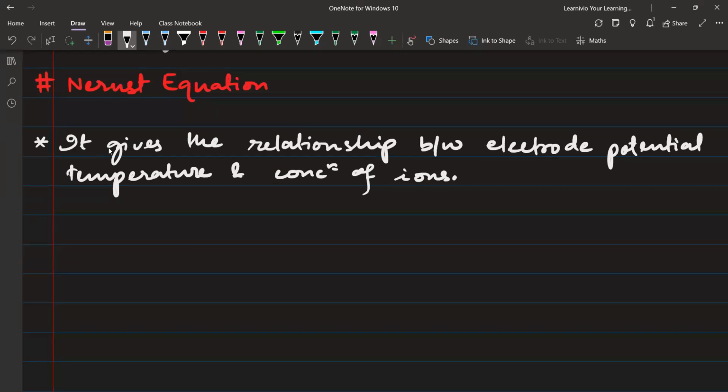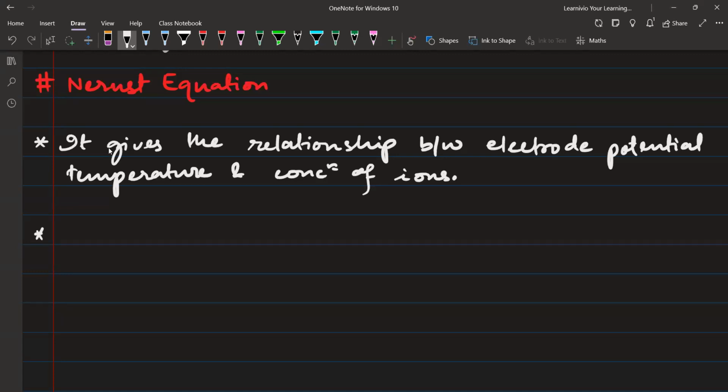Okay, so just now we have seen only the E naught, that means at standard condition, what will be the electrode potential? But if I want a non-standard condition, where temperature can be anything, and basically we are going to change the concentration, at standard temperature we usually don't change the temperature. So how to calculate the electrode potential for those types of things? For that we have the Nernst equation.